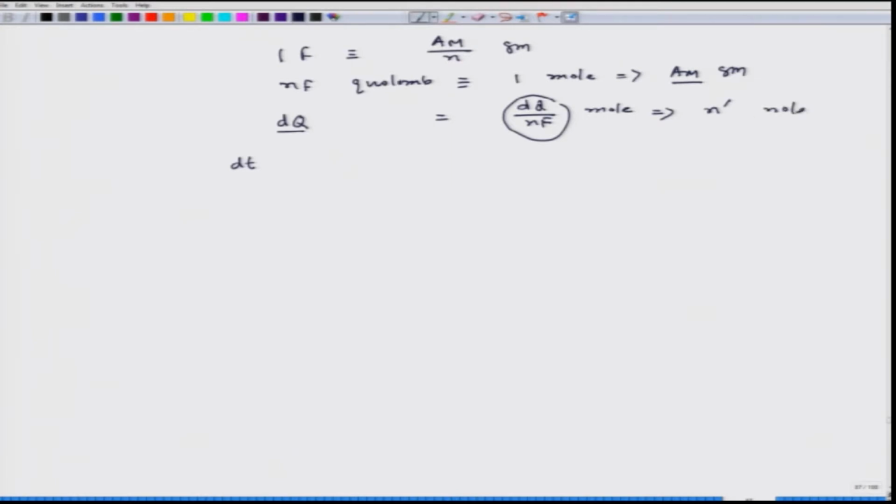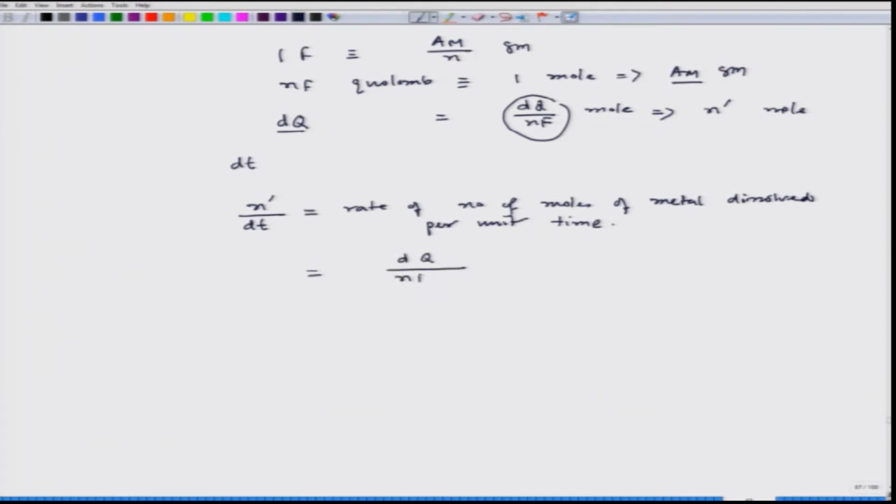So, n prime divided by dt is nothing but the rate of number of moles of metal dissolved per unit time, which is the same as dq by nF dt, because n prime is nothing but dq by nF.